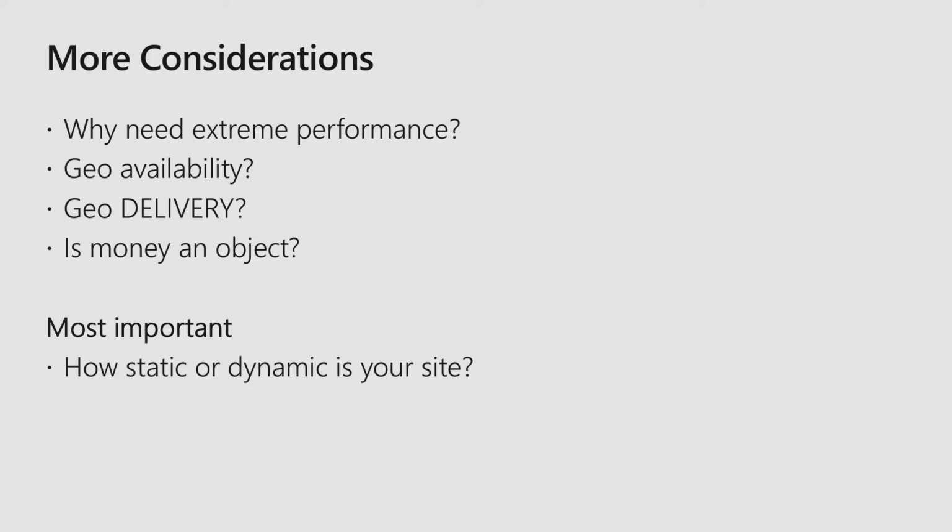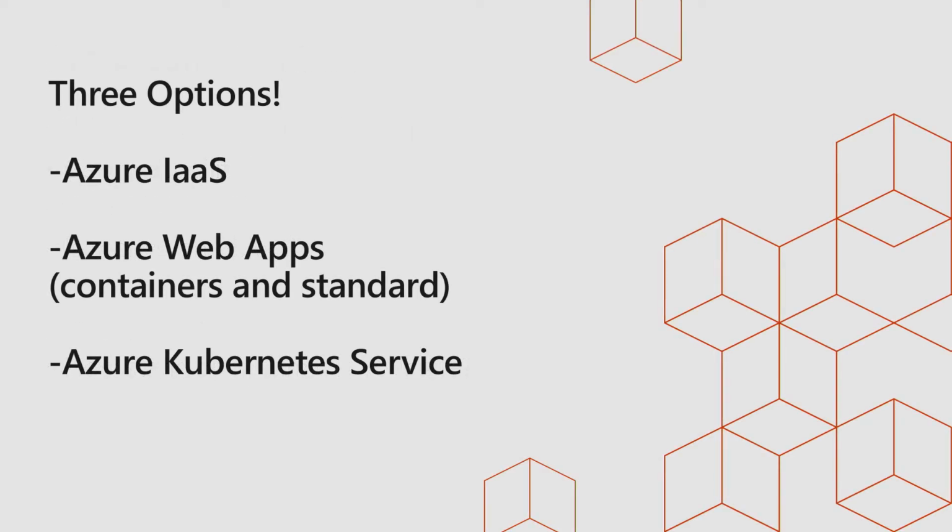In fact, it's going to consume a lot of memory, and you're not going to be able to get much performance out of it because Varnish is having to go back to the server on every request. So that one thing will dictate how you choose to deploy into Azure. So you've got three options. The first option is IaaS.